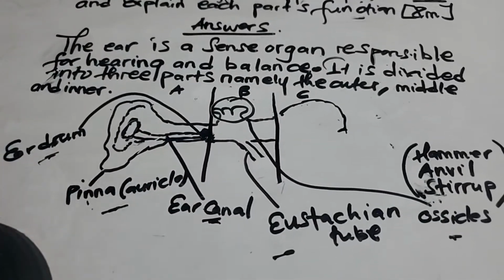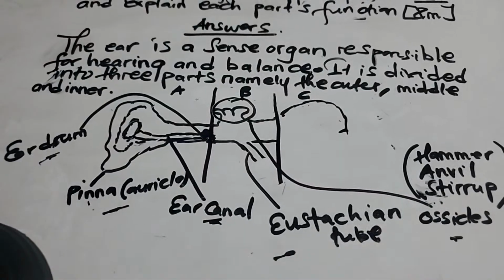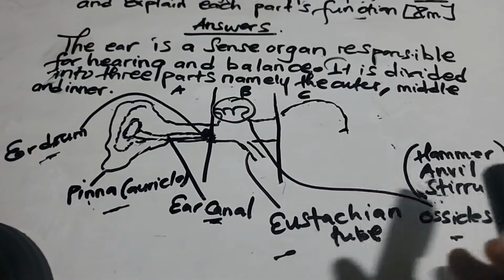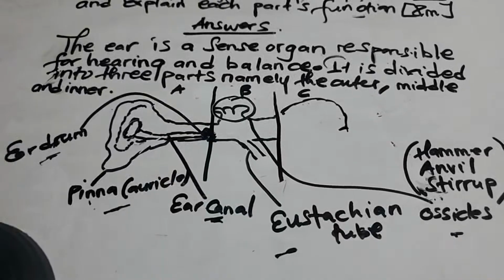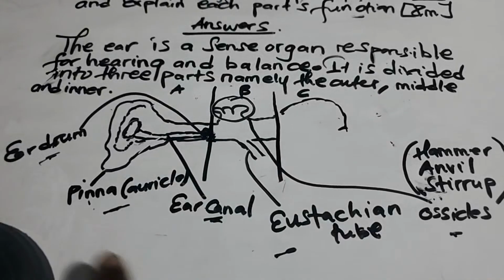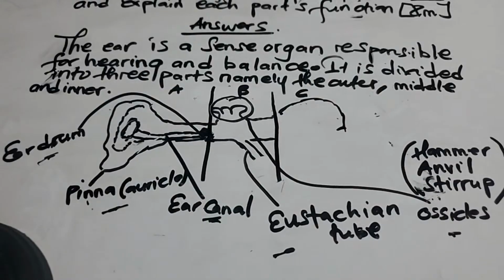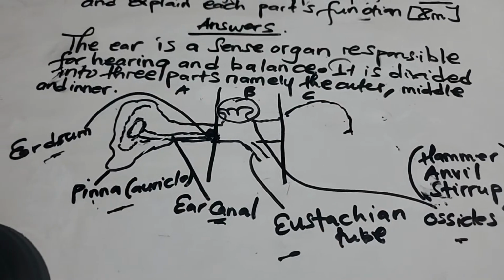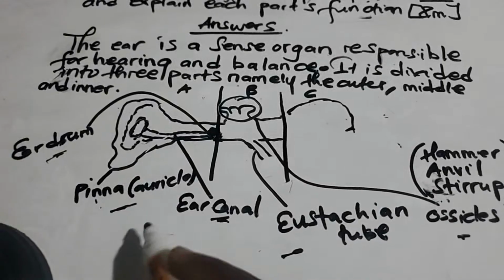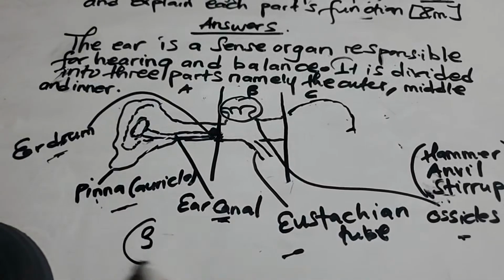After doing this, take note, we have come up with five parts. What we're going to do now is very essential: you get to understand what each and every part does. We are remaining with three parts here.